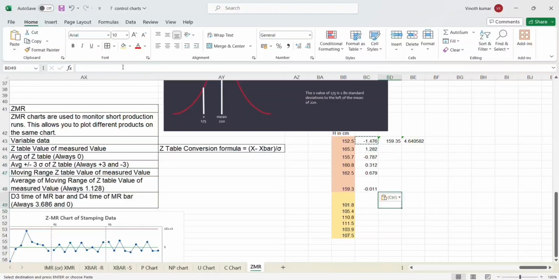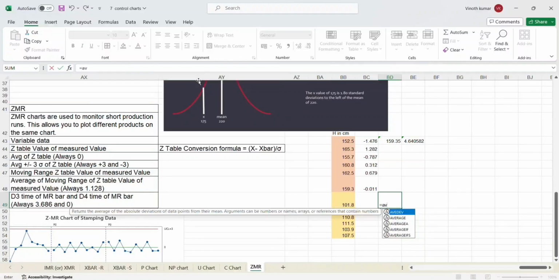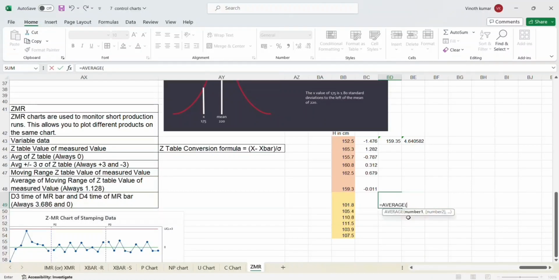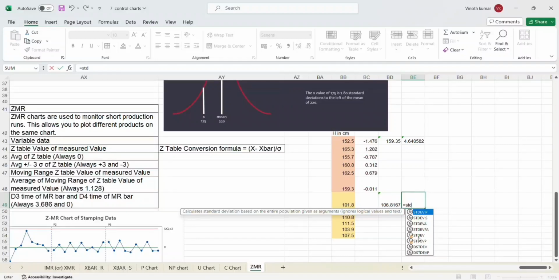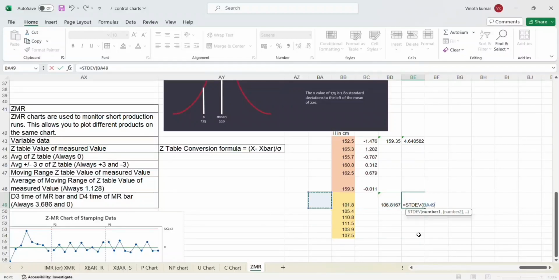And now we will do the same thing for students in the 5th standard. So I calculate the average, then the standard deviation, and now I say is equal to this value minus this value.